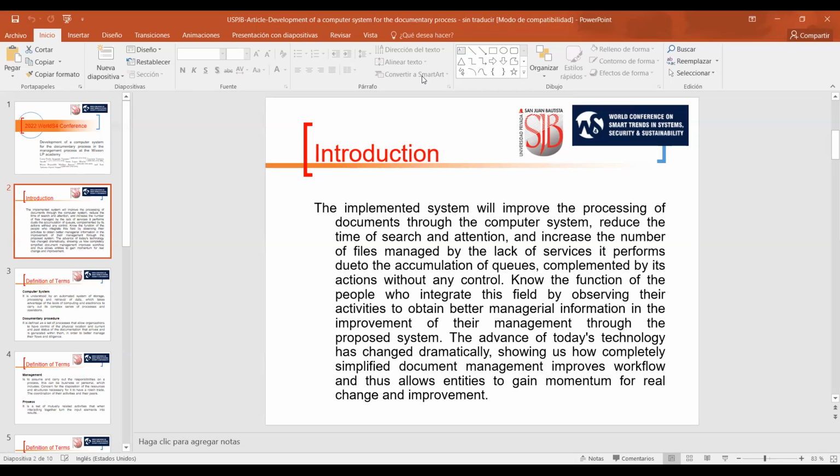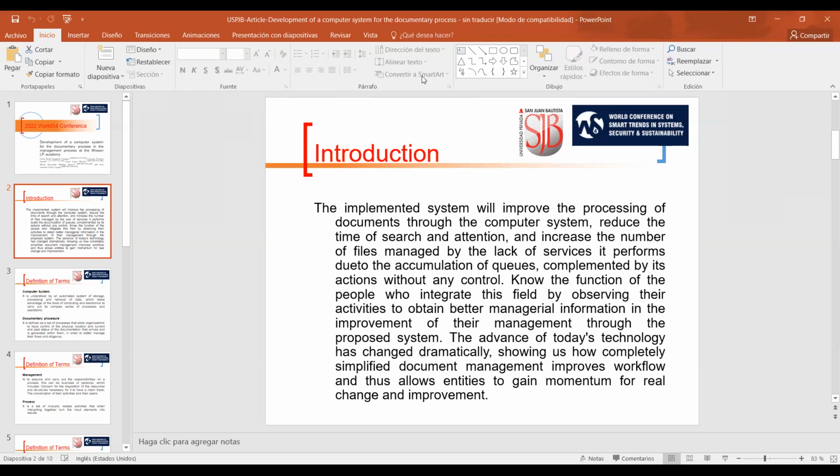It seeks to know the functions of the people who integrate the file by observing their activities to obtain better managerial information for the improvement of their management through the proposed system.